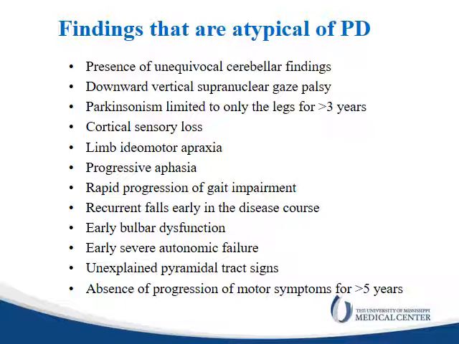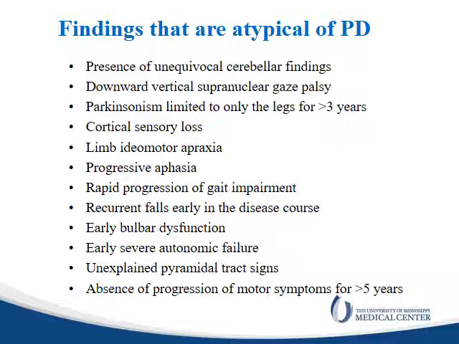There are also other features. If you see them, you can think that they are not typical for Parkinson's disease. For example, at an earlier stage, if a patient presents with unequivocal cerebellar signs, dysmetria, ataxia, or if a patient presents with a downward vertical supranuclear gaze palsy, or if a patient presents with Parkinsonism symptoms only in the legs without involvement of the arms for more than 3 years.